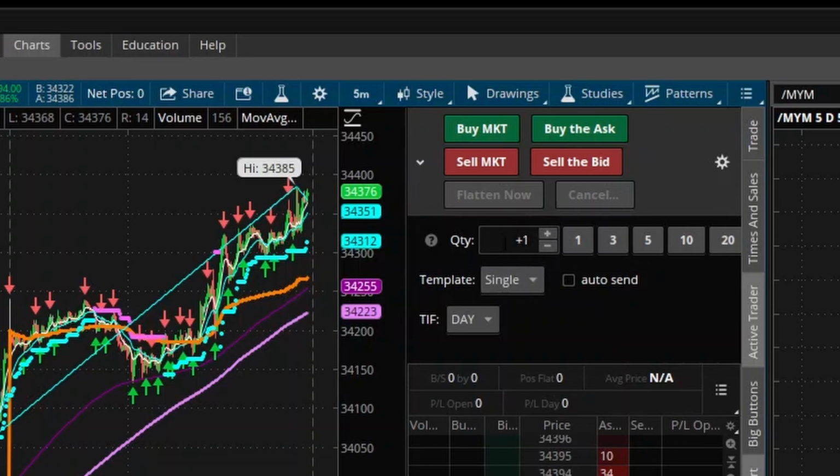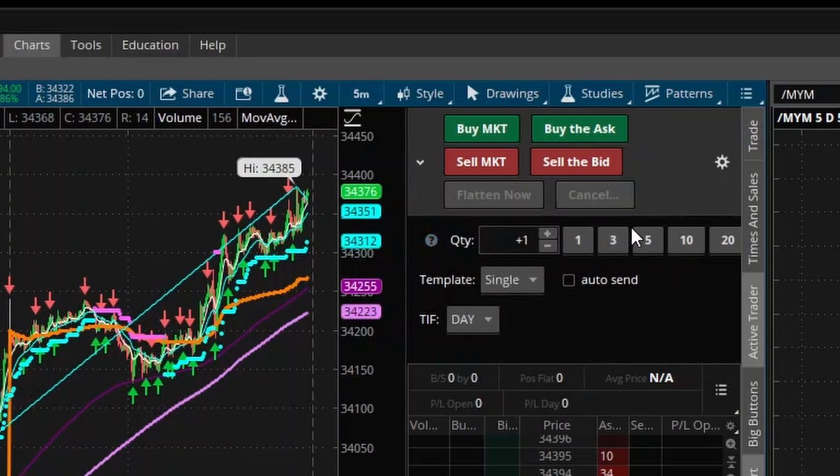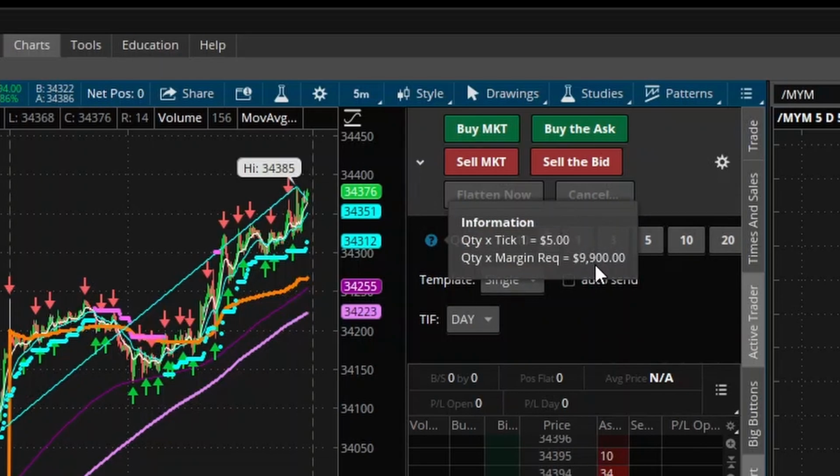If we look here on the active trader, on the question mark, you can see that the margin requirement for one MYM is $990, and every tick move is equal to 50 cents. If we change this number to 10, you would see exactly what we were seeing for 1 YM, where it's $9,900 for the margin requirement, and for one tick move, it's $5.